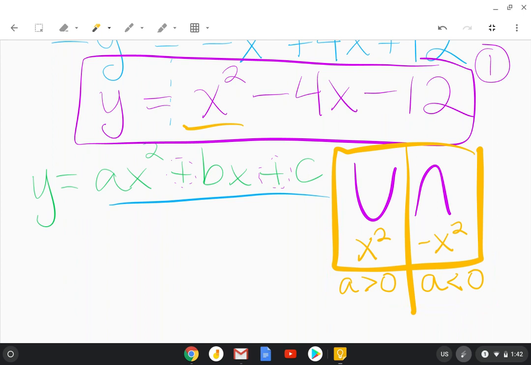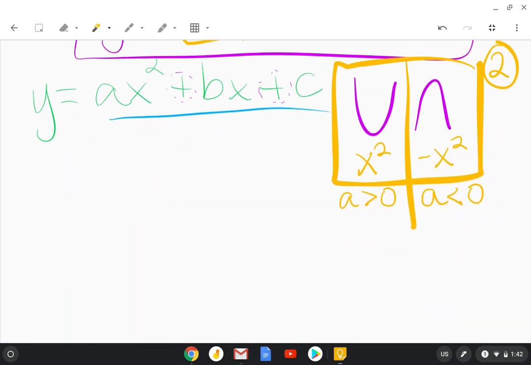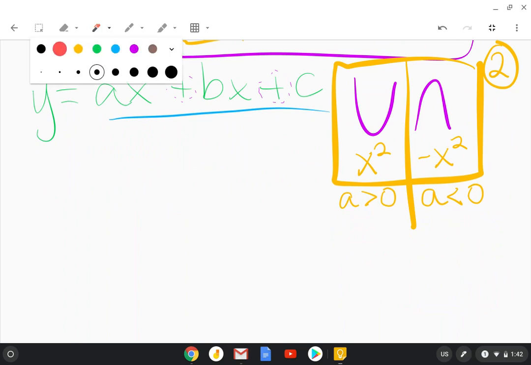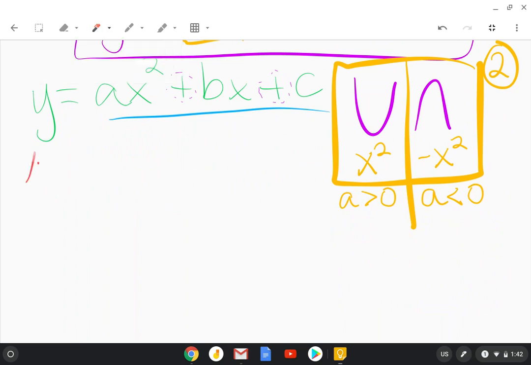That's how you answer question number 2. So let's keep going. Then it says, find the axis of symmetry.